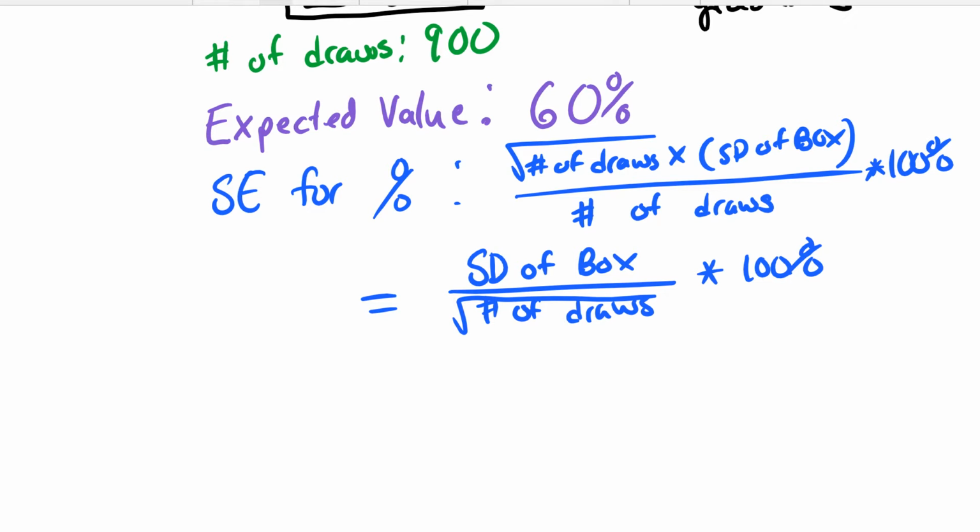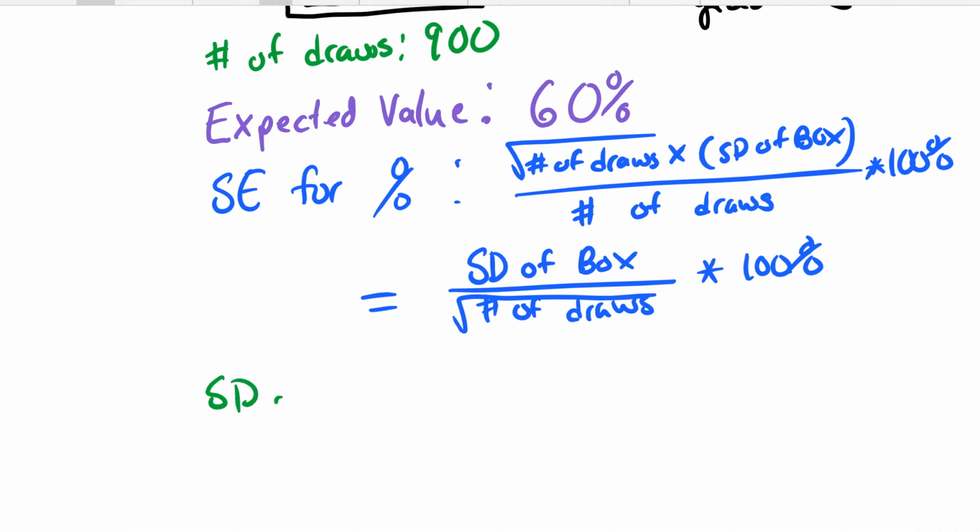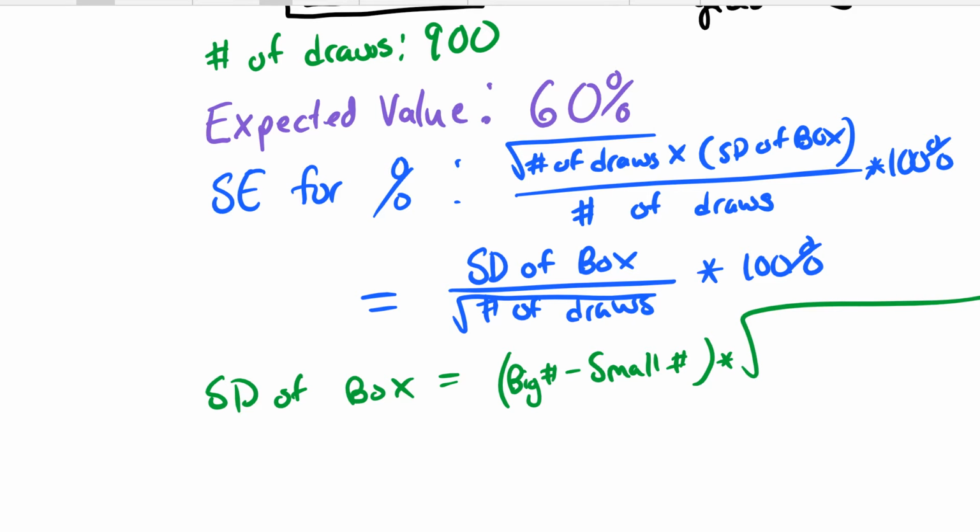Let's first find the SD of the box. We'll use the shortcut, so that's big number minus small number times the square root of the chances of drawing the big number times the chances of drawing the small number.